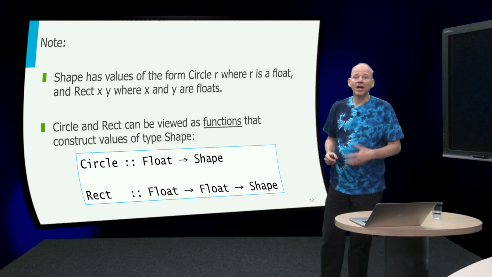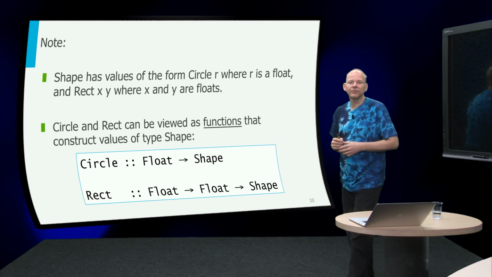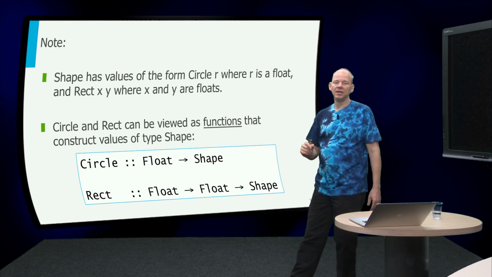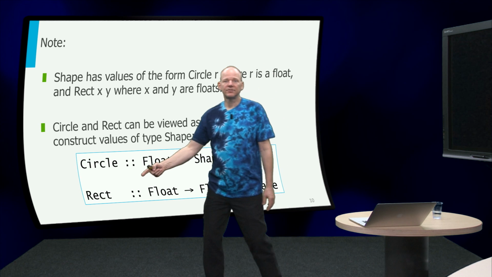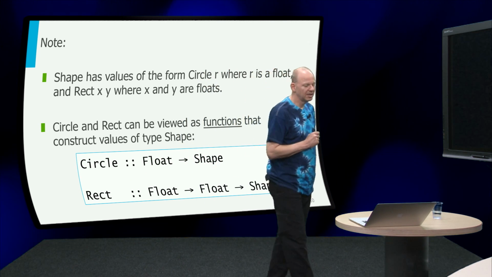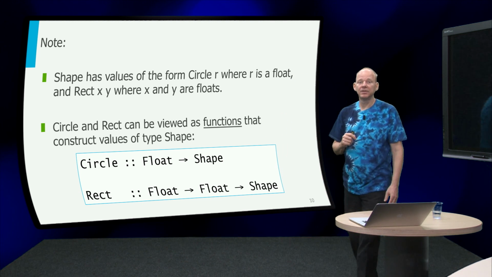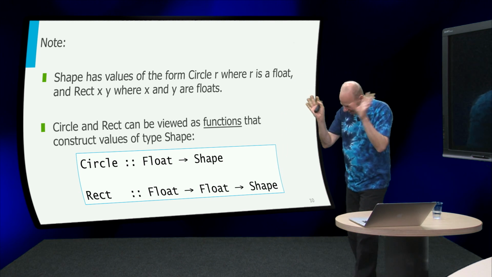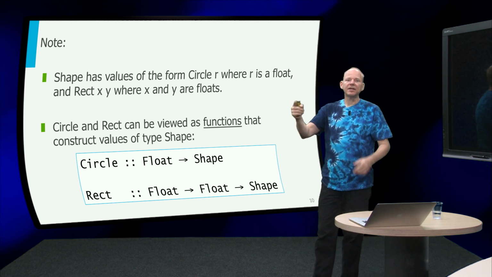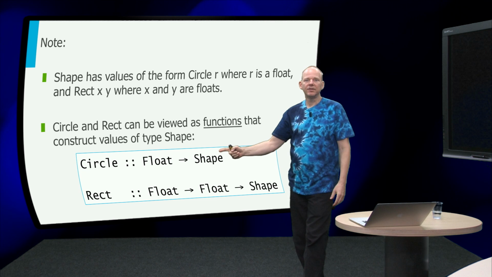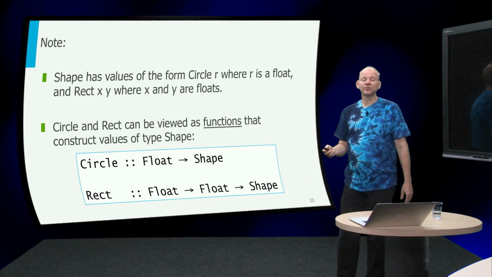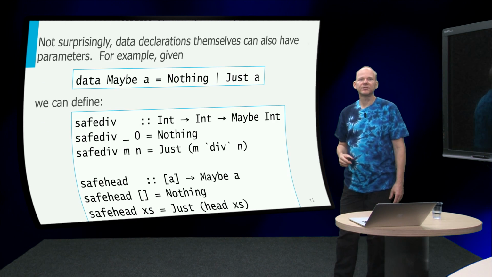So if you ask :t of Circle, Haskell will tell you Float arrow Shape. And if you ask what is the type of Rectangle, it will tell you it's a function that takes two floats and returns a Shape. Okay? So again, the analogy with objects is still intact. You define your subtypes, and really what you get for free is a constructor to construct these types.